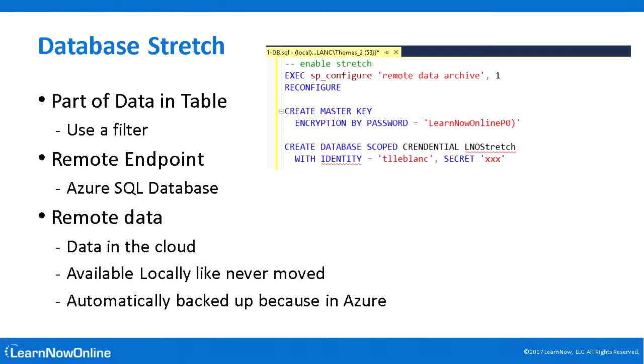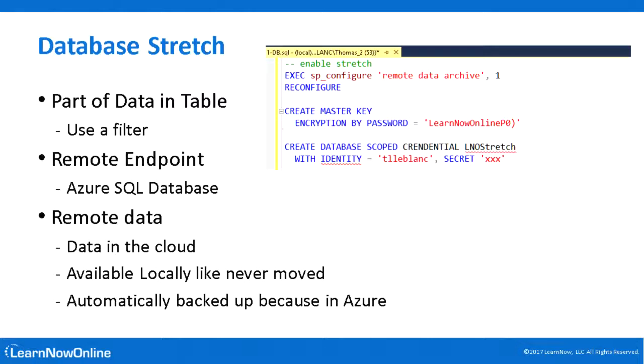There's some other things you have to do locally. Here you see the create master key, and you need to encrypt it by using a password. Remember, anytime you use a password, you need to store it in a secure place so other people can have access to it. If you have to export this master key from one instance to another, you will need that password.